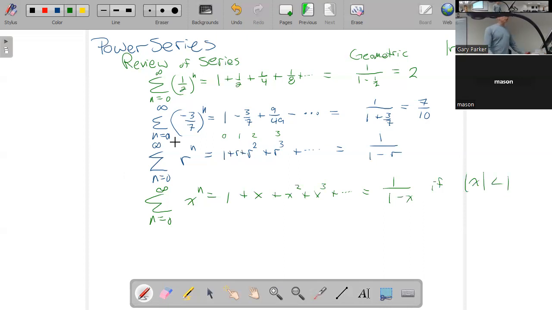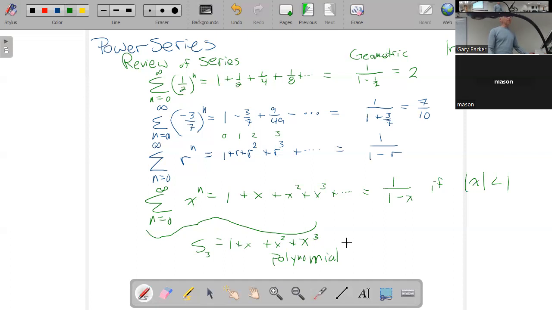Now, if I do a partial sum on this series, for example, what is S3 for this sum? Well, it would be 1 plus x plus x squared plus x cubed. This is a polynomial. My claim is that this polynomial looks a lot like that function. Not exactly, but close. I only get the equality if I add infinitely many terms.